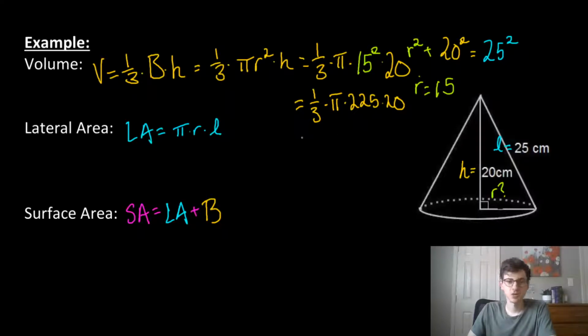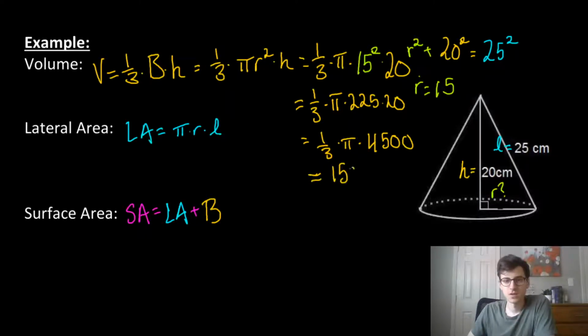And I guess we can crunch some numbers here. 225 times 20 is 4,500. Okay, it's been a long day. And then 1/3 of that is 1,500.